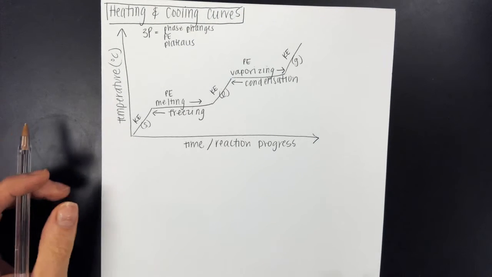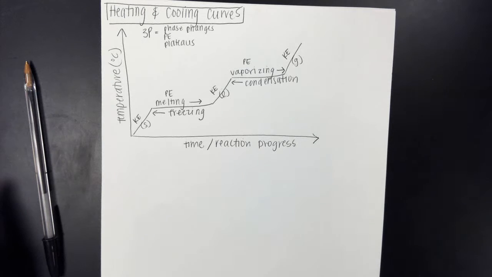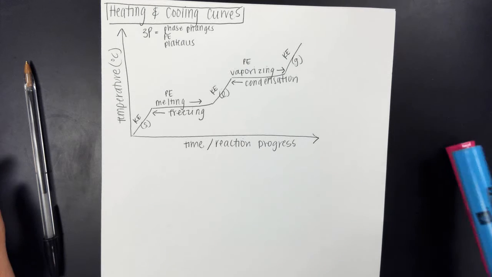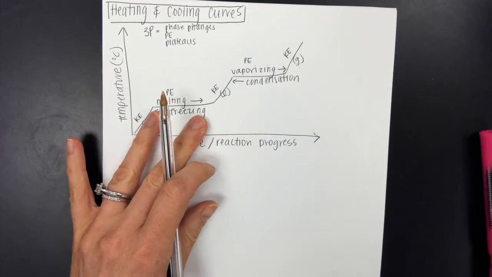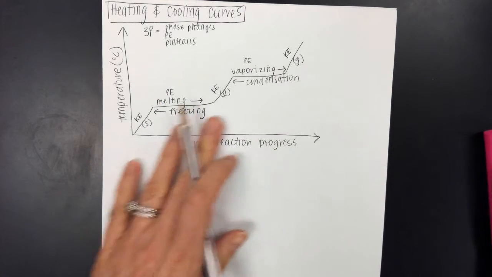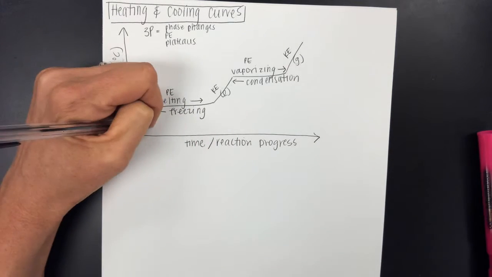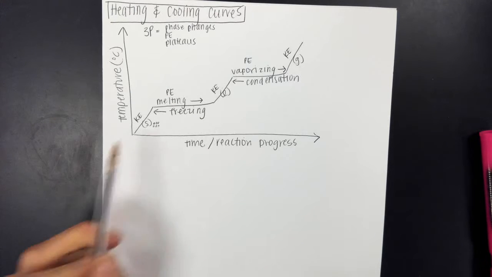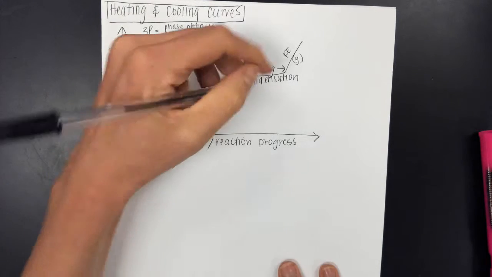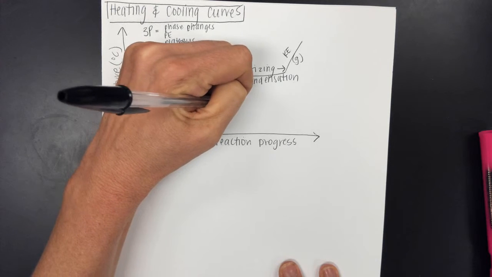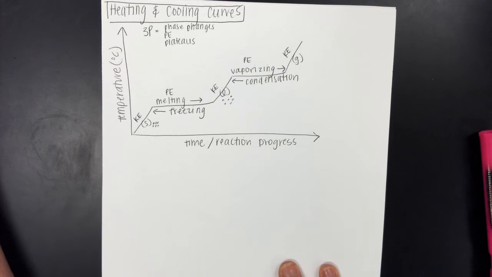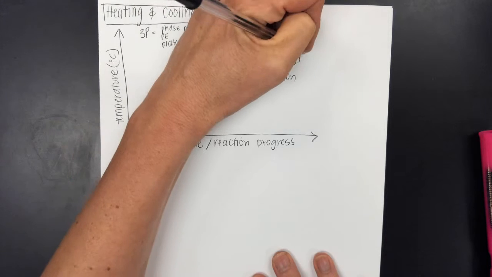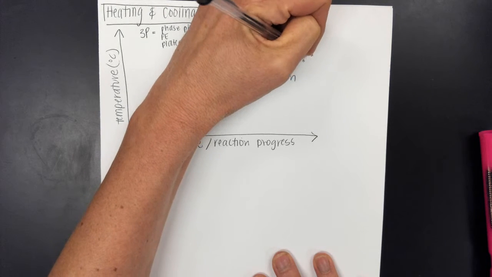Really quickly though, I want to make sure we understand which phases are endothermic and which ones are exothermic. I like to show that with particle diagrams. If you have a solid, you have tightly packed particles; in liquids they have a little bit more energy, a little bit more relaxed; and then gases, they're everywhere.